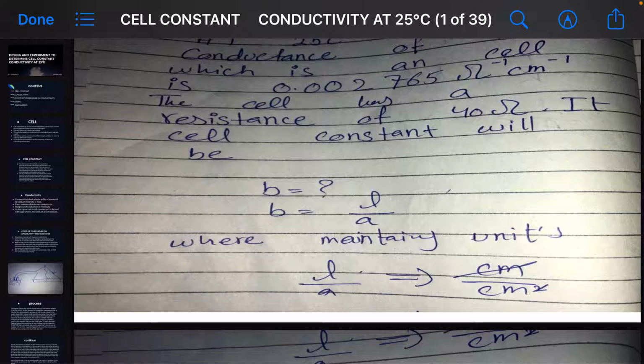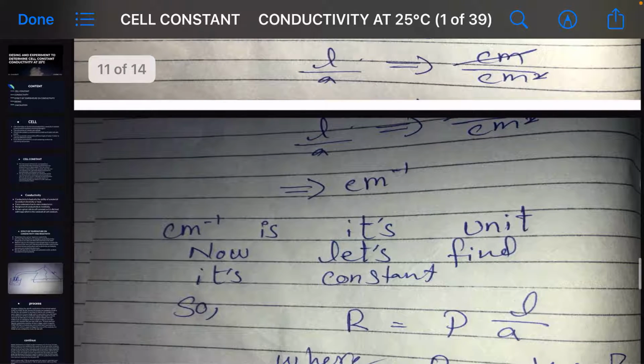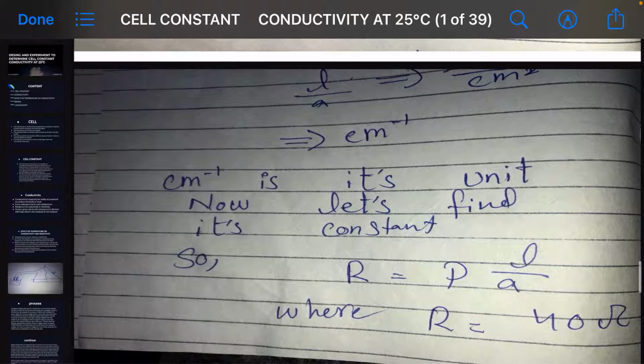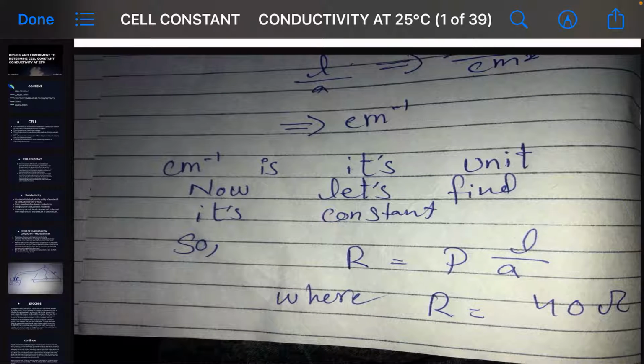If we maintain the units, L is in centimeter, whereas area is in centimeter square, so the centimeter square will cancel with the upper centimeter, and then we'll have per centimeter. So this per centimeter is its unit.